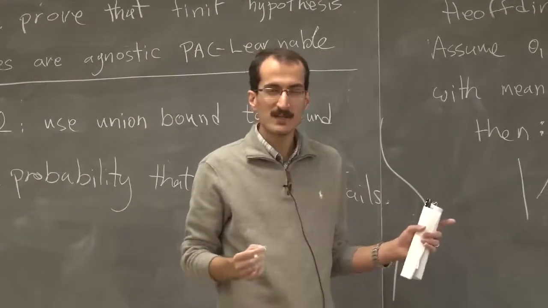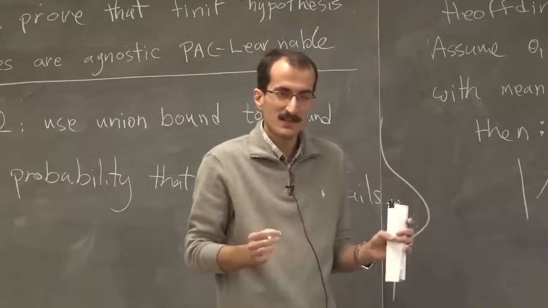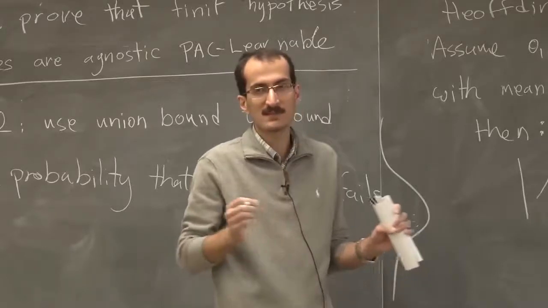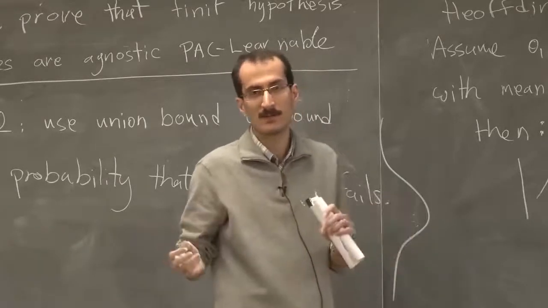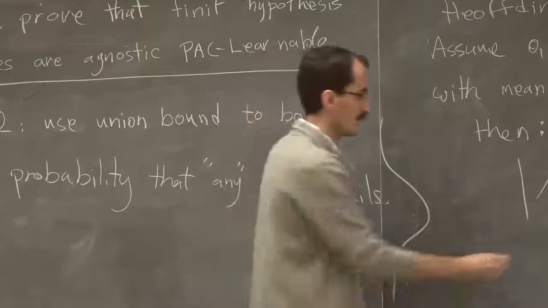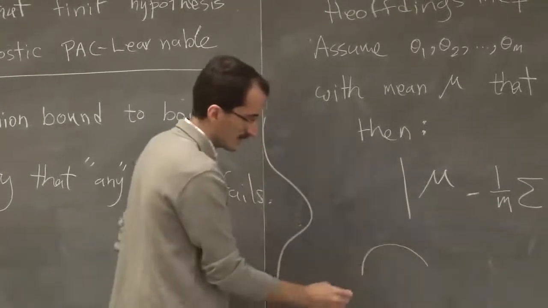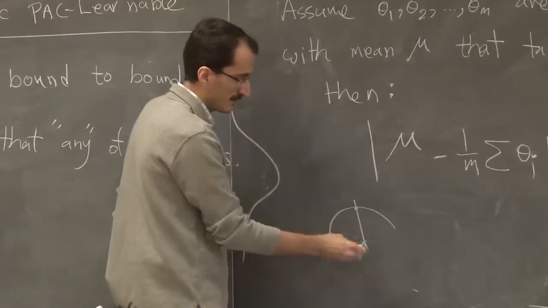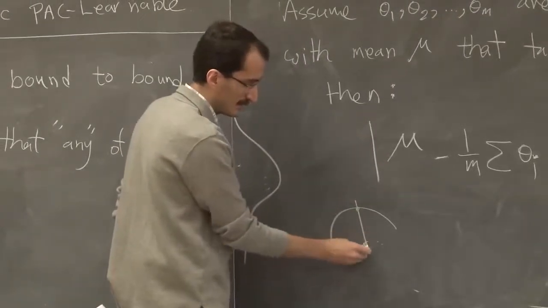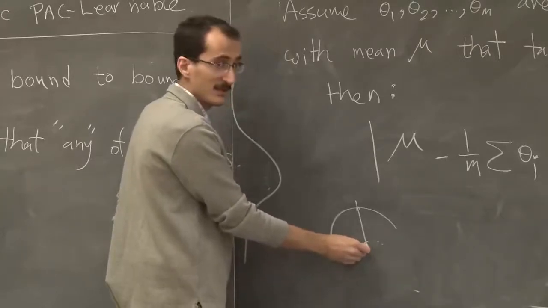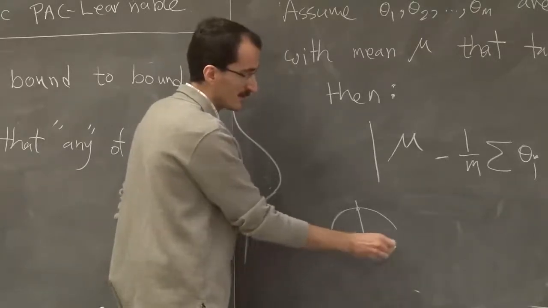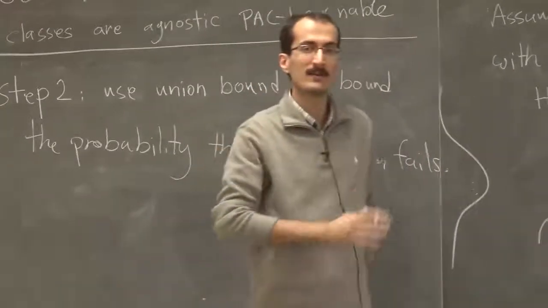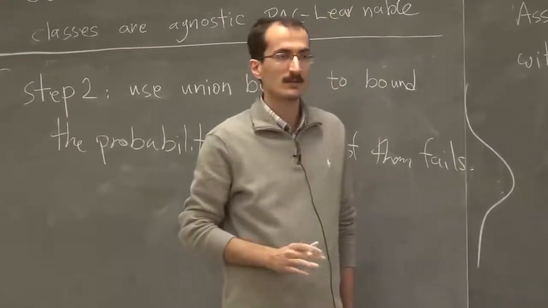I cannot prove it because it has a probabilistic nature. Every other time, maybe there could be one possible sample where the average is far apart from the true one. So if you have a distribution like this, the average is here. You generate some examples, and the average will be close to its true value. But sometimes, maybe out of luck, you generate some examples that are apart in one direction.